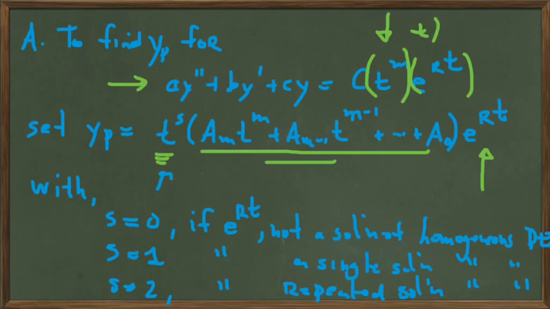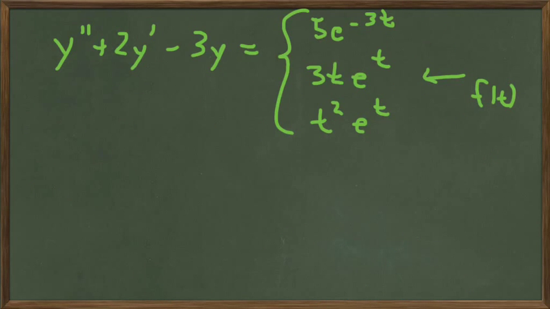So let's look at an example of the first case where the s is 0. So let's consider this non-homogeneous differential equation that has three possible right-hand sides. First, let's form the characteristic equation of the DE, which is r squared plus 2r minus 3 equals 0.